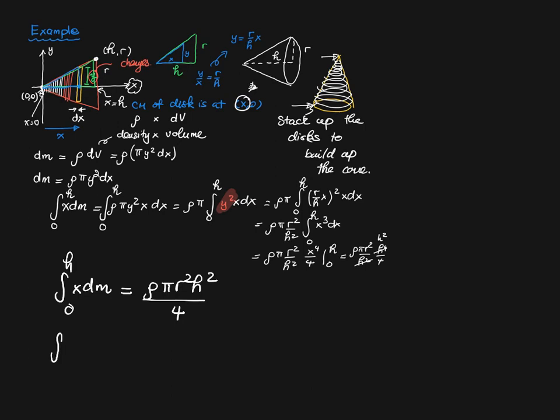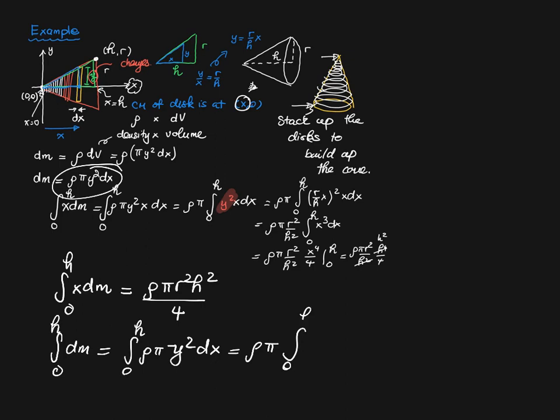And the integration of dm from 0 to h, this is the total mass. dm is this term here, rho pi y squared dx. So we get rho pi, the integration from 0 to h, y squared, which is r squared over h squared x squared dx. So we've got rho pi r squared over h squared x cubed divided by 3, and we plug in the limits.